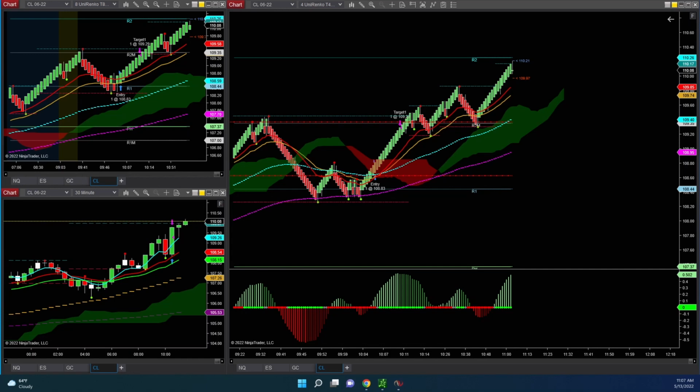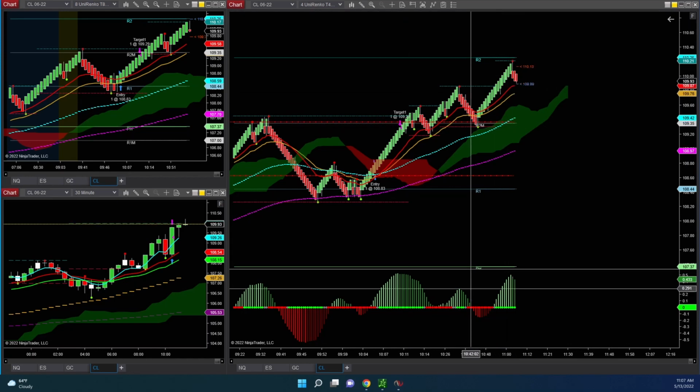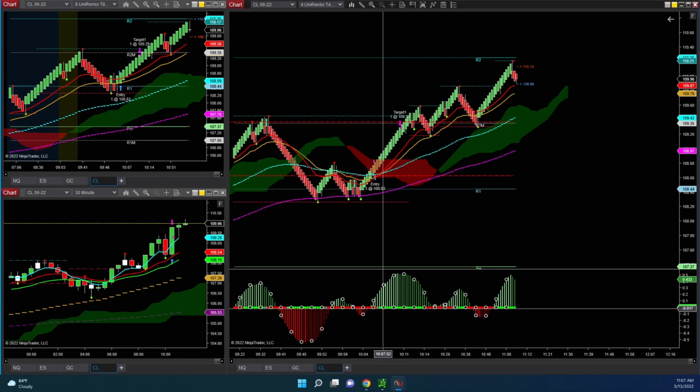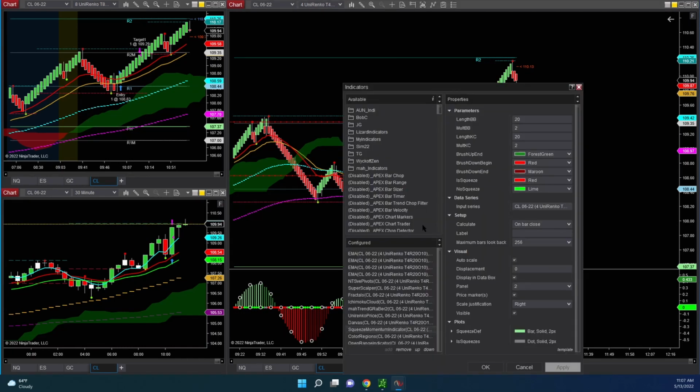Yeah, the ecosystem, the Ninja Trader ecosystem. So here you do have this indicator, the squeeze momentum indicator.